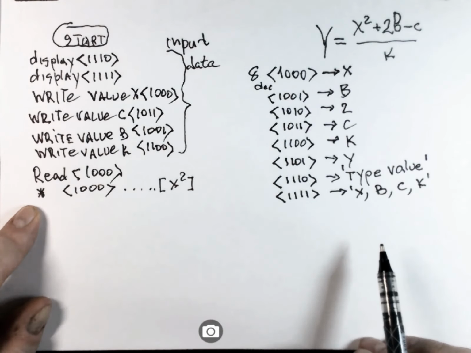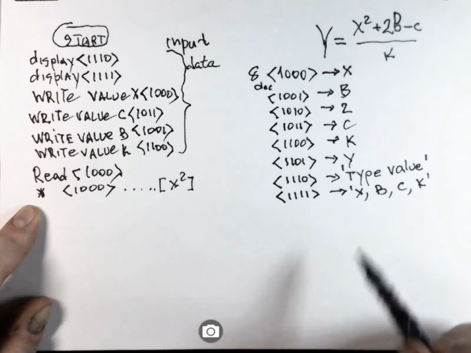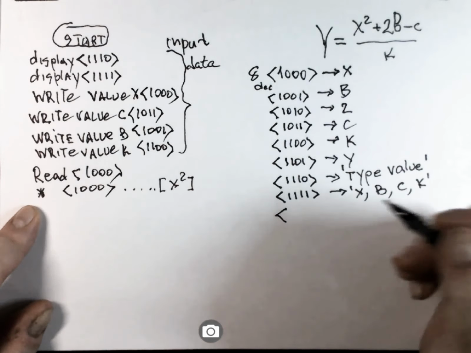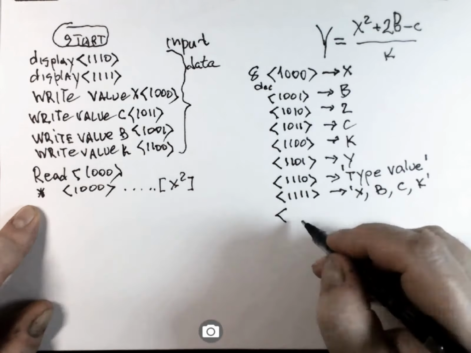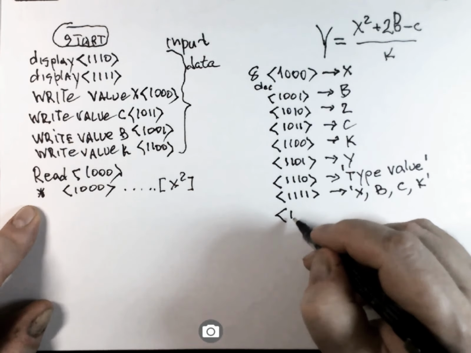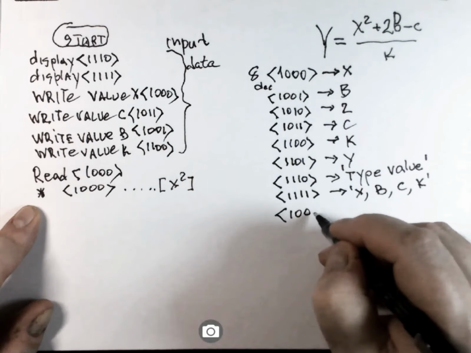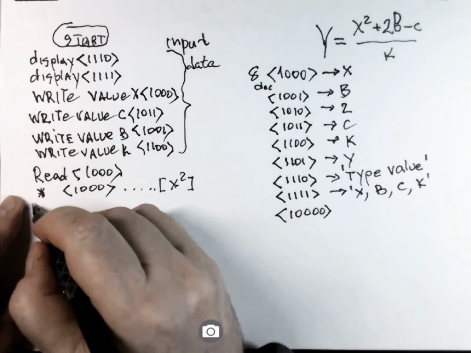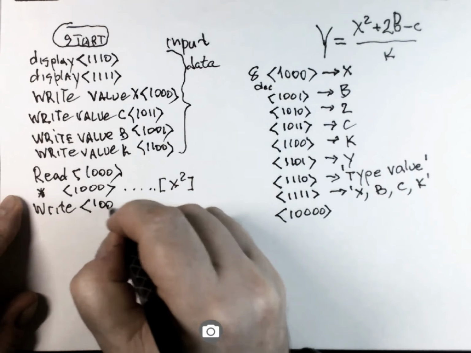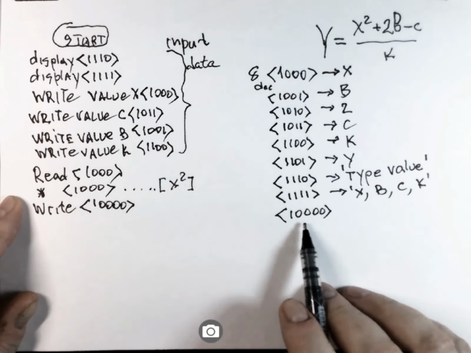We need to calculate it. So first of all, let me use an additional cell, which will be a working cell, where I will put some results which we need before. That will be 10000. Okay, write X squared to the cell 1000. That is the next cell.